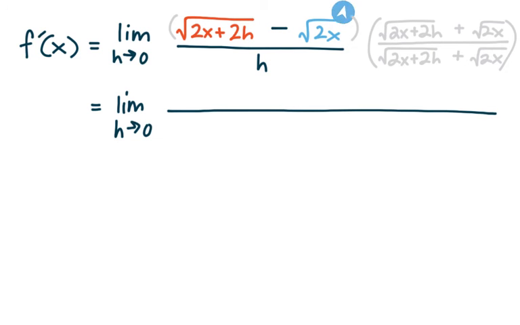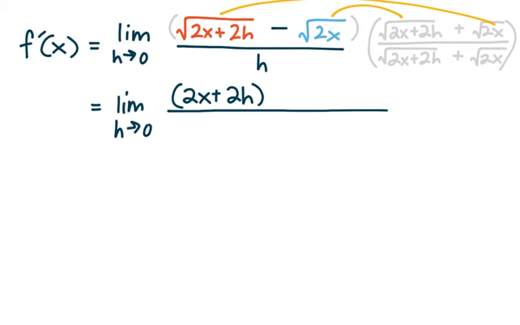FOILing my numerator, my first, square root of 2x plus 2h times itself, that is it squared. So I have 2x plus 2h. Now the genius part of the conjugate is that my inner and outer terms are identical, but they differ in sign. So they're going to cancel each other out. I don't need to write those.